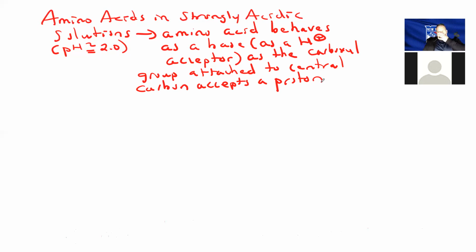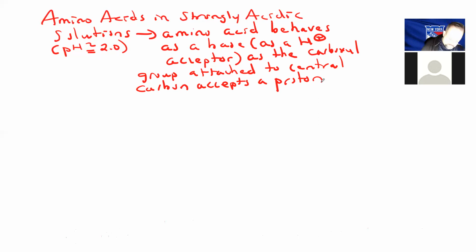Where's that proton coming from? Well, essentially, how are you making the solution strongly acidic, or when is the solution strongly acidic? If you had a significant amount of acid that's present. That acid that's present, some of it is going to protonate that carboxyl group attached to the central carbon.